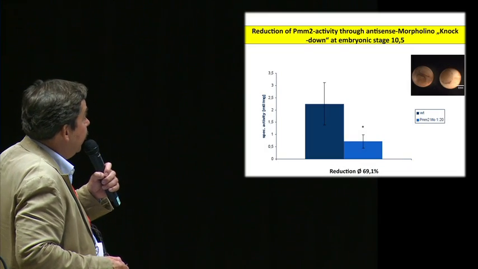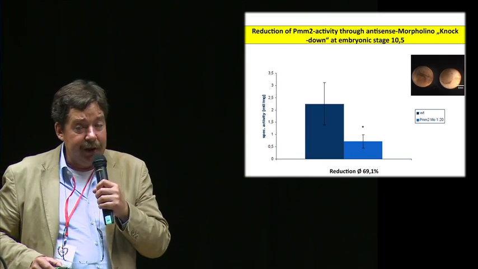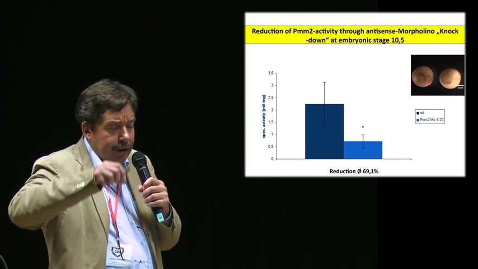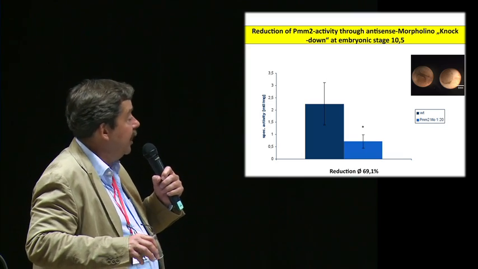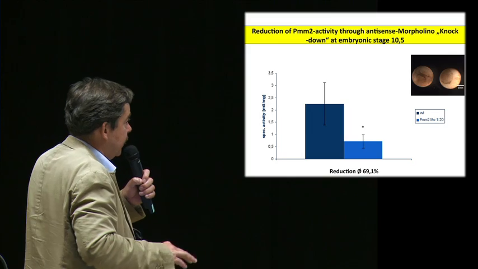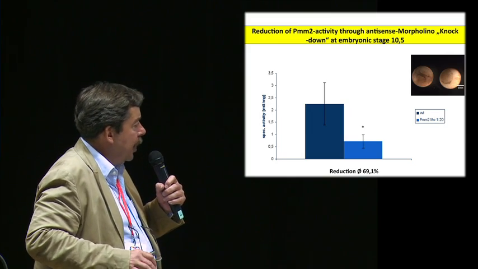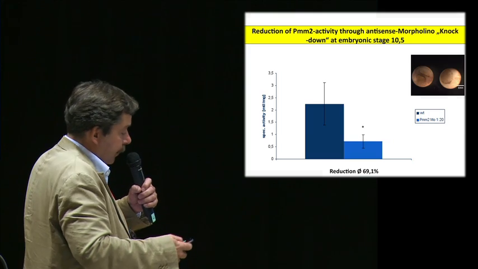So far we could show, with a so-called antisense morpholino technique, which just drops down the activity of PMM2, the enzyme which is affected in CDG-1A, we can drop this down to about 30% residual activity.